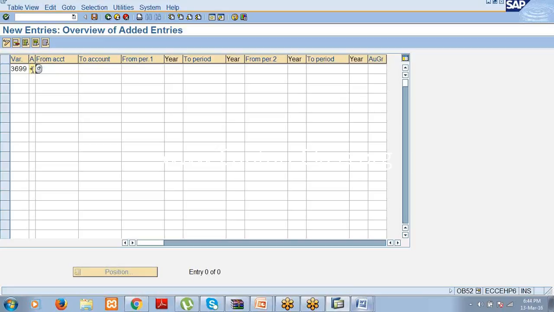We cannot define our own account types, or we cannot edit the existing account types.